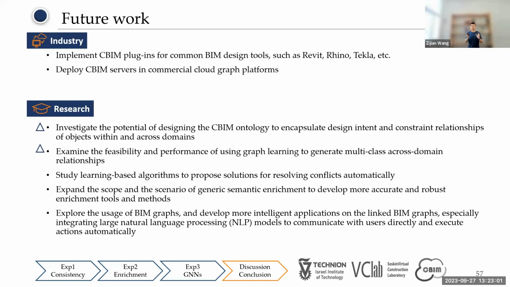Therefore, we should use some learning-based algorithm to instantiate those classes for instance models, trying to link them together. It's necessary to point out that generating multi-class or cross-domain relationships is a very challenging task. Even in the computer science domain, there are only a few studies about this.